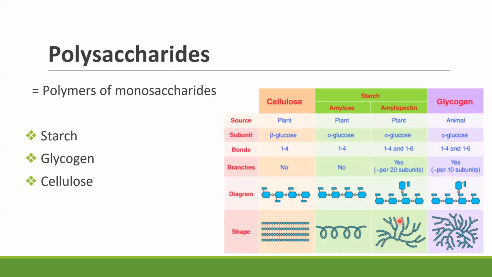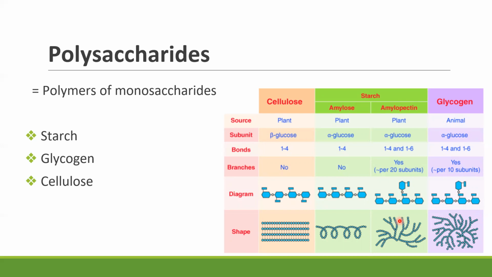The polysaccharide is the polymer of monosaccharides. This is the definition of the polysaccharide. But if she asks you what is the monomer of the polysaccharide, هيكون الجواب monosaccharide. So the monosaccharide is the monomer, and the polysaccharide is the polymer.